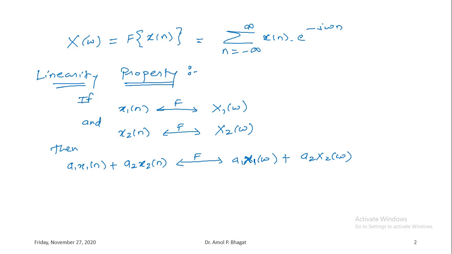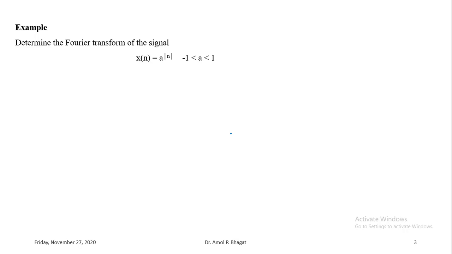So the linear combination of these two signals has the Fourier transform which is the linear combination of the respective Fourier transforms of these individual signals. We'll now try to solve one example by applying the linearity property.